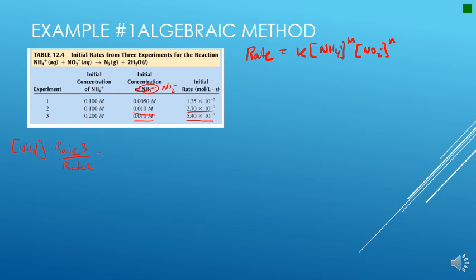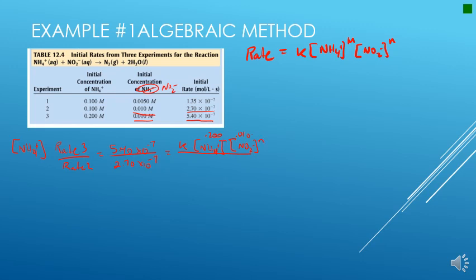When I set that up, that would now give me 5.40 times 10 to the minus 7th divided by 2.70 times 10 to the minus 7th, and that is equal to K. And I have now the NH4 plus, which is equal to 0.200 for rate 3, times the NO2 minus, which is equal to 0.010 for our third experiment.